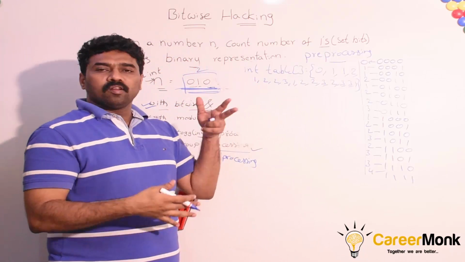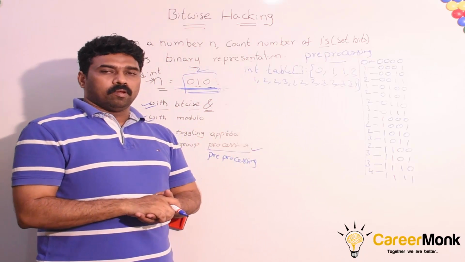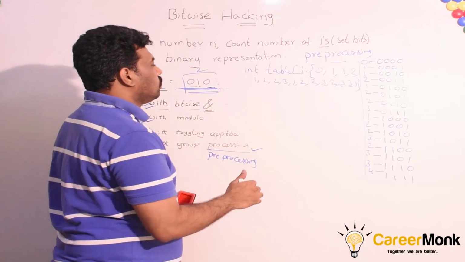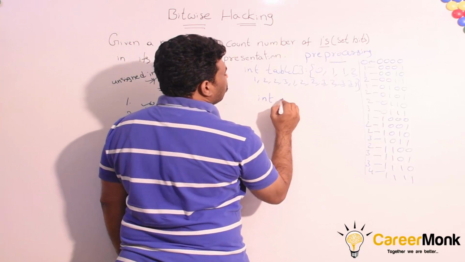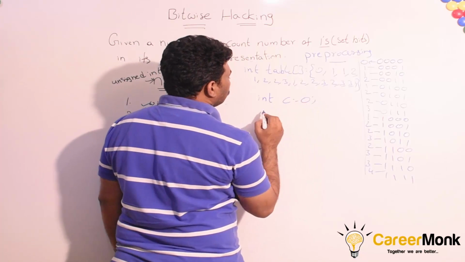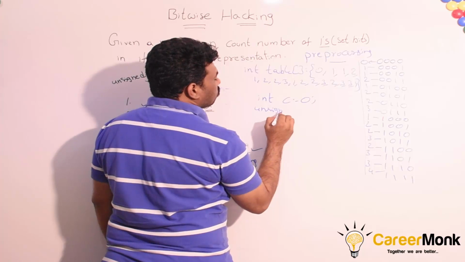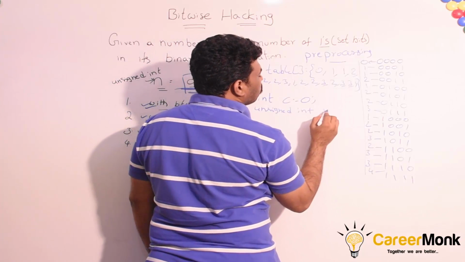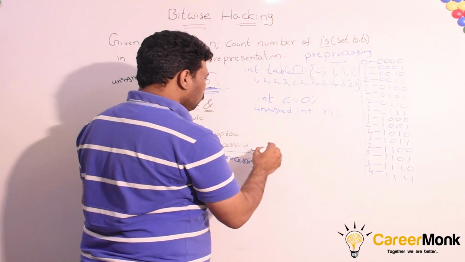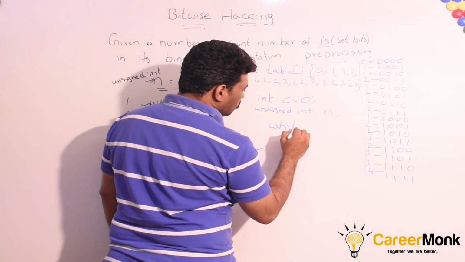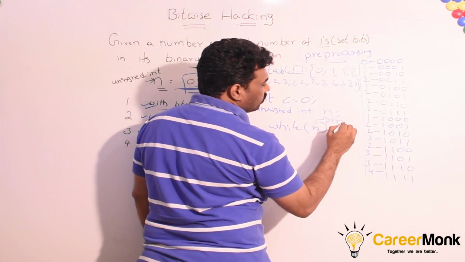So this is the initialization of the pre-processing of the 4 bits. And for the given number, the counter is initially 0. While n is greater than 0.